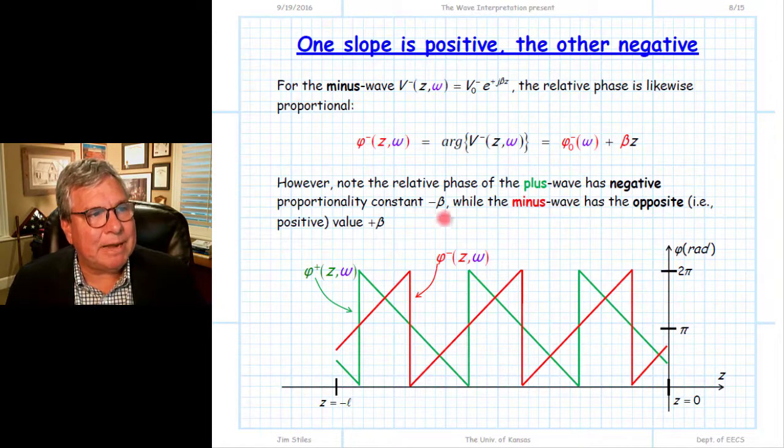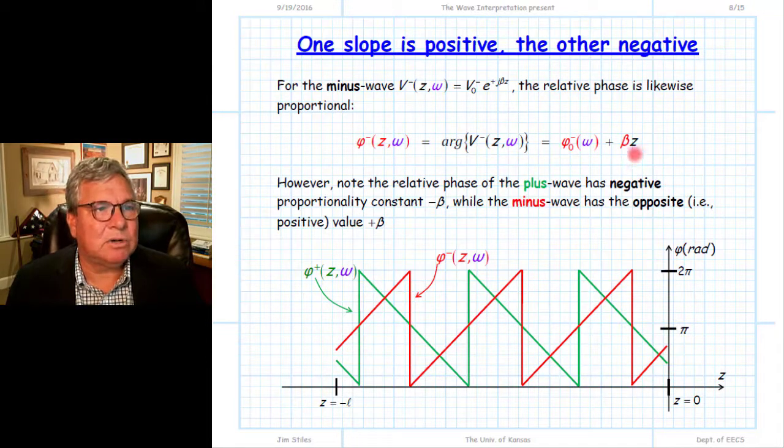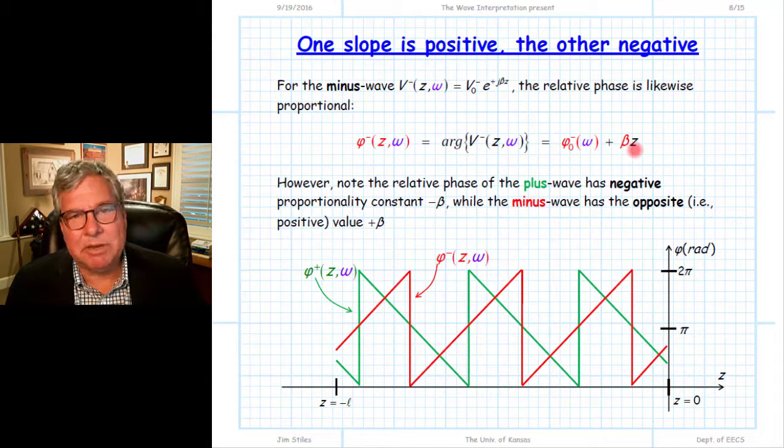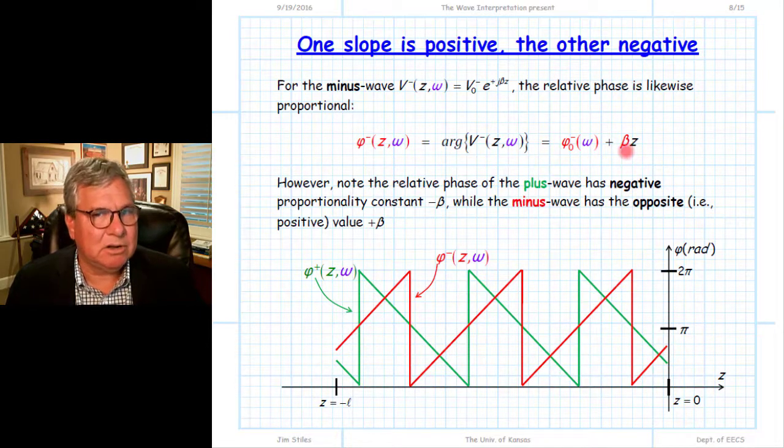One last thing about beta: when we do a dimensional analysis, the result beta z must have units of radians, and z has units of distance, let's say meters, and so beta must have units of radians per meter, radians per unit length. That's interesting to compare to omega.